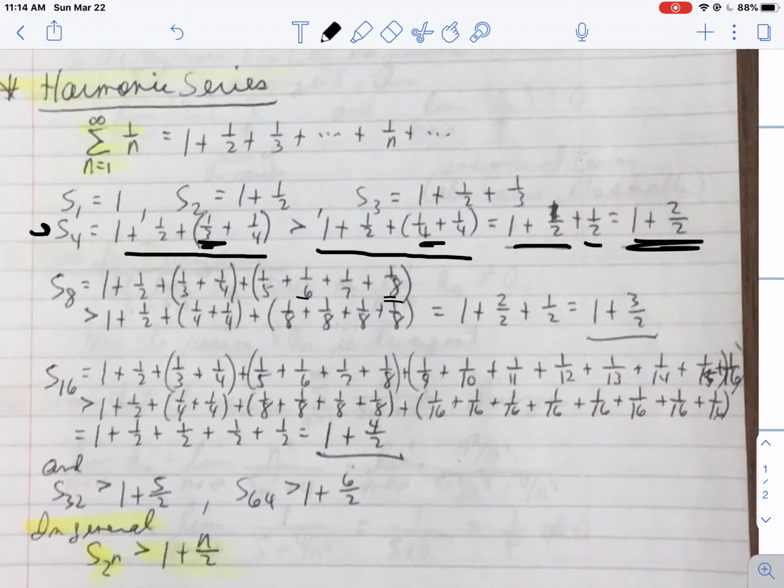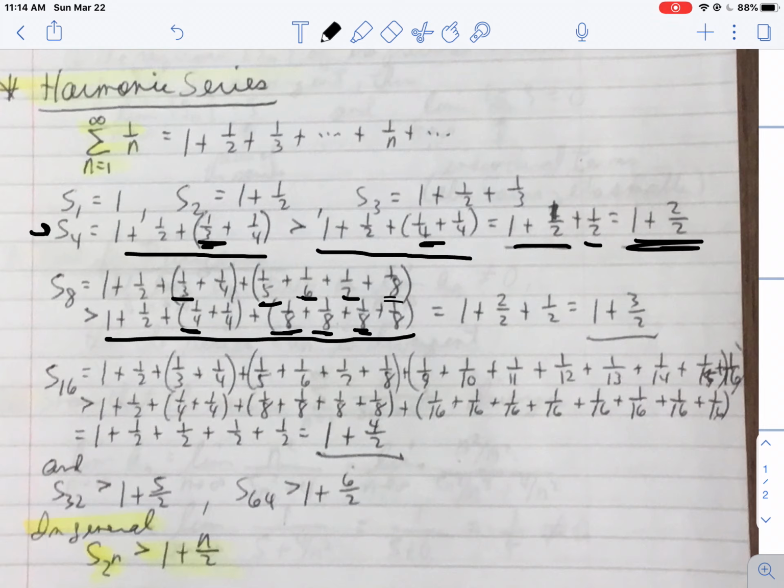1 plus a half plus a third all the way up through an eighth. And again, I'm comparing that to this sum, which is the sum of 8 terms where I'm replacing 1/3 with 1/8, 1/5 with 1/8, 1/6 with 1/8, 1/7 with 1/8. Back here, again, I replaced 1/3 with 1/4.